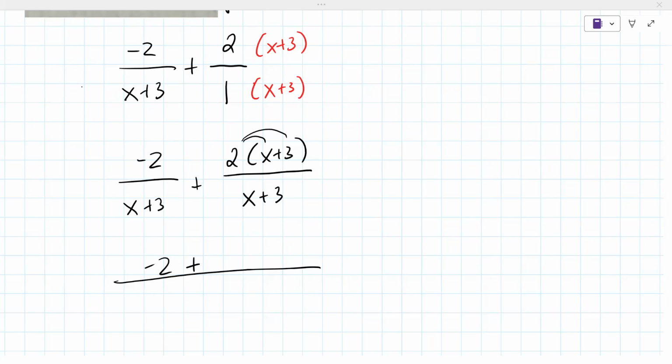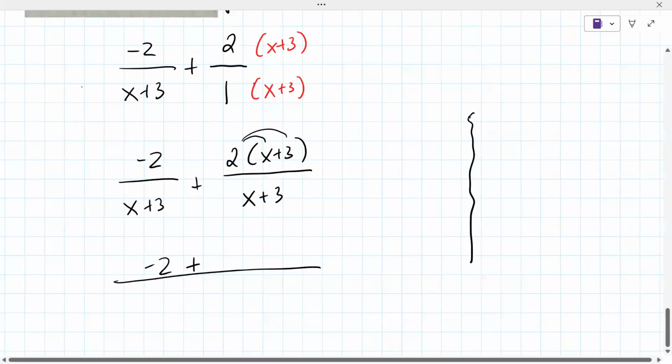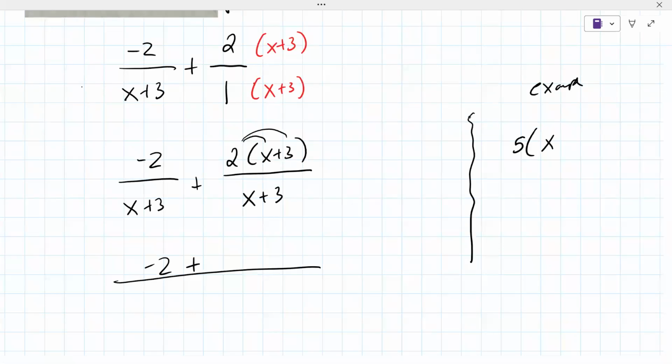X plus 5. Nope. Let me give you an example. Say I have 5 times x minus 4. This becomes 5x minus 20. And it's a division. Okay. You're multiplying.